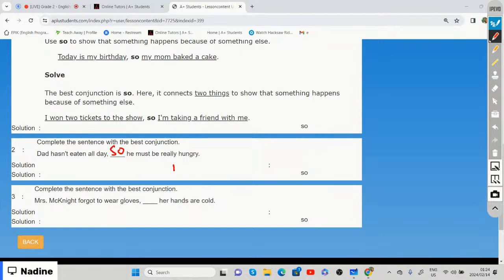So we can say Mrs. McKnight forgot to wear gloves, so her hands are cold.